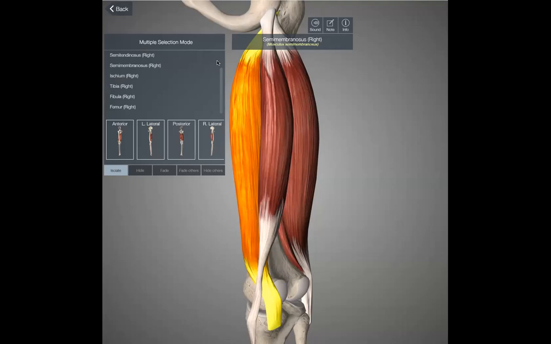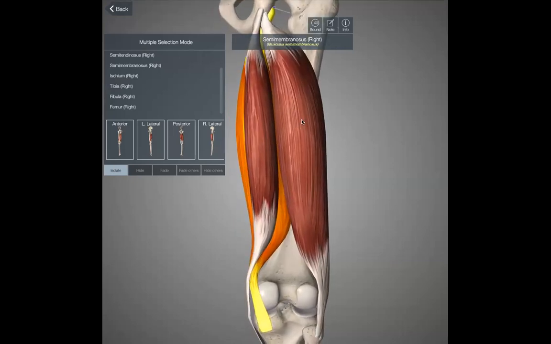Here we have the hamstrings. The hamstrings are made up of 3 muscles in total: biceps femoris, made up of long head and short head, and the semitendinosus on top of the semimembranosus.